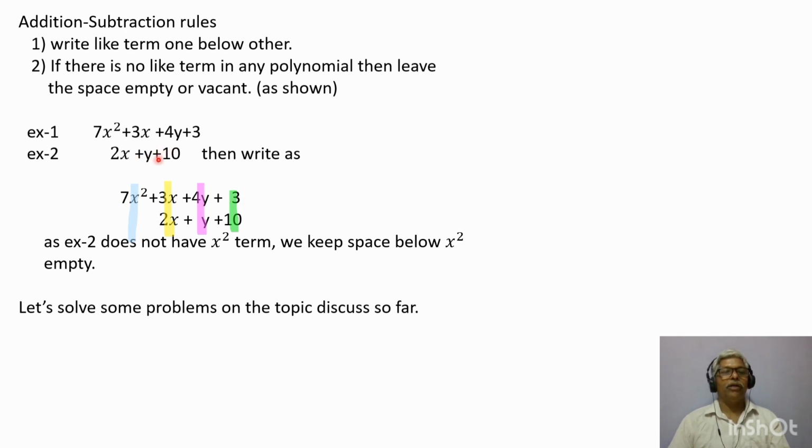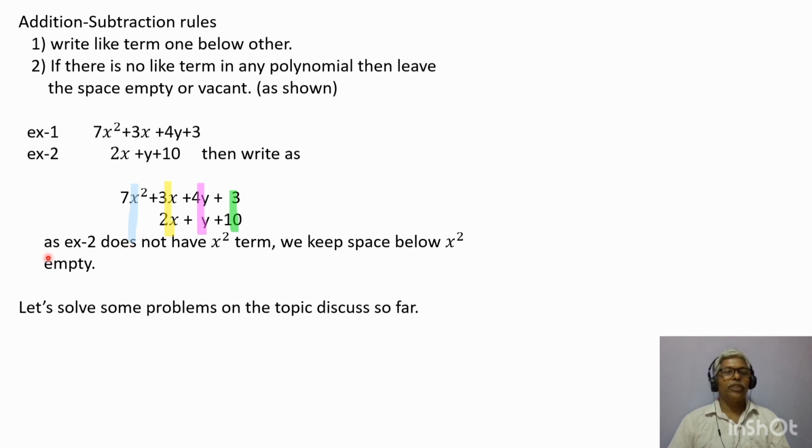Whatever this order may be, you have to write like term below like term. So this constant 10 will come below the constant, this y will come below y, x should be below x, and as this does not have a square term, this will be vacant, or empty.